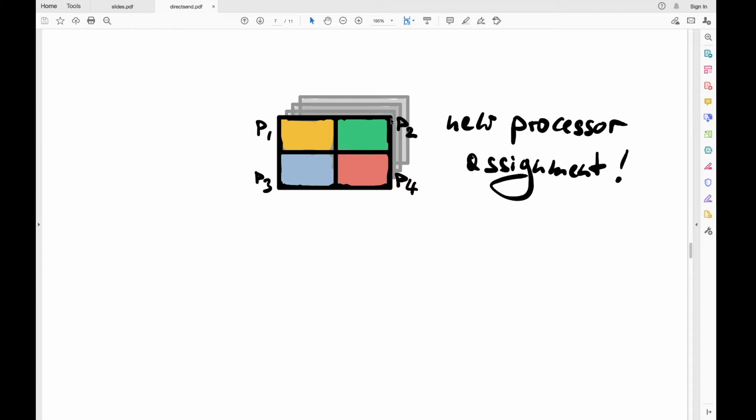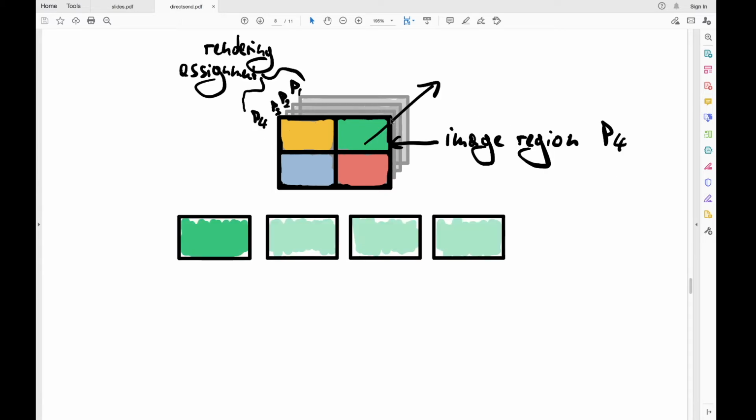So this gives us some new processor assignment. In this setting, we still have this rendering assignment in the sense that each processor still holds its own intermediate image. And for those reasons, we'll now have to send data, like intermediate images.